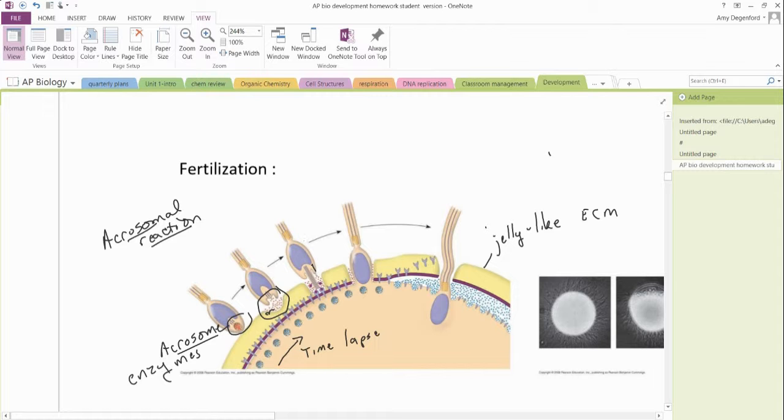In this next stage, we're seeing the cell cytoskeleton proteins extending, and we see proteins binding with this protein on the egg membrane. This is an important point of recognition.